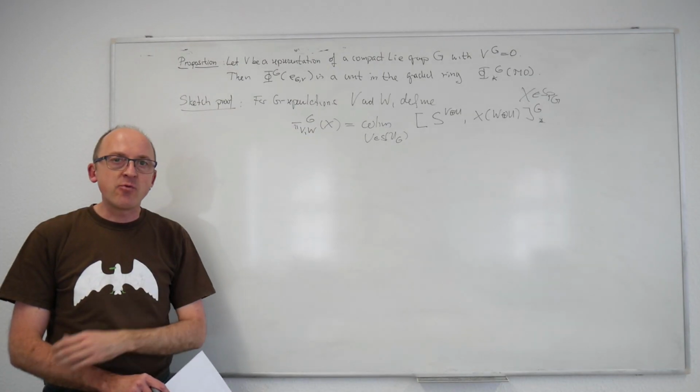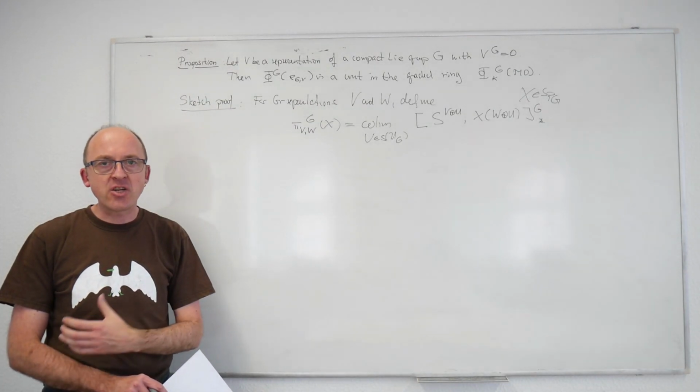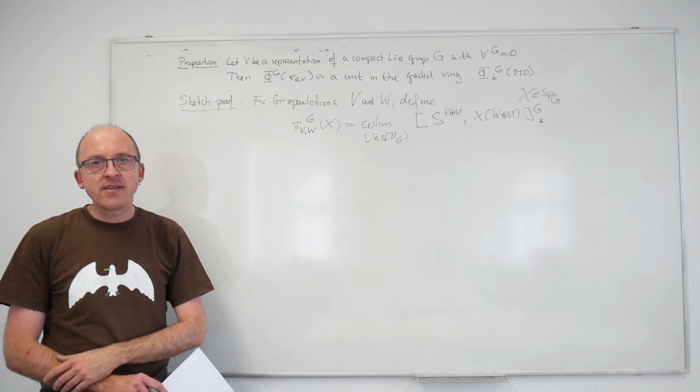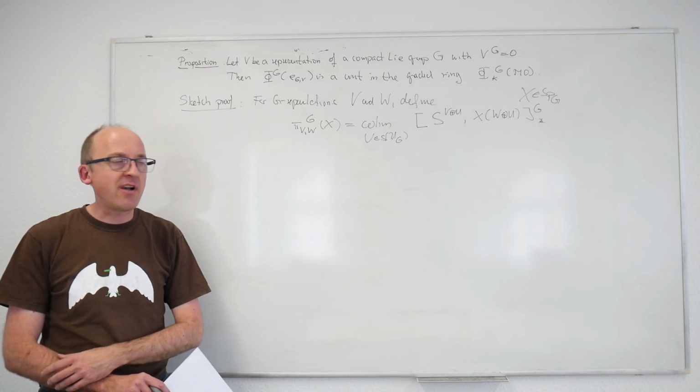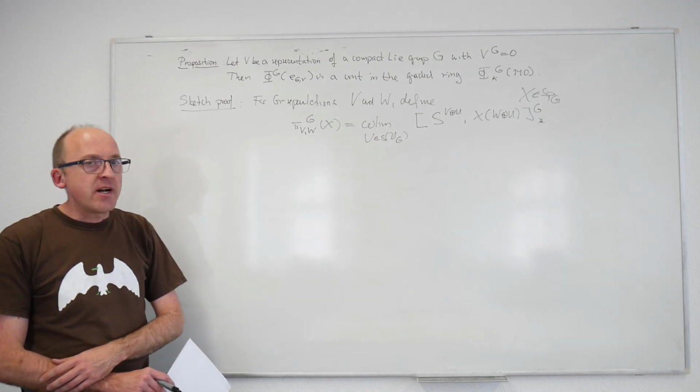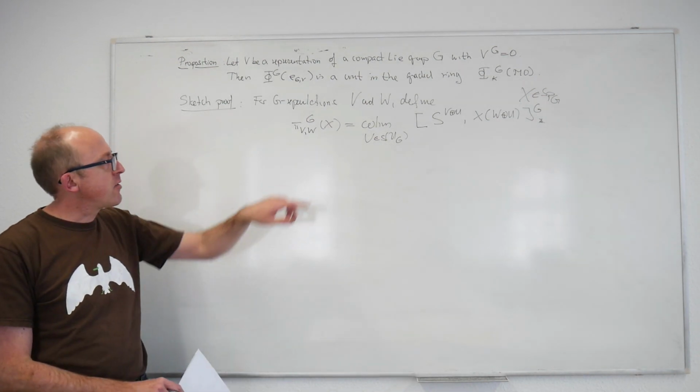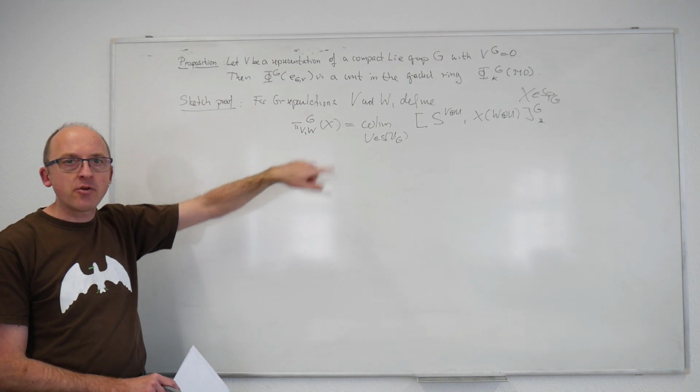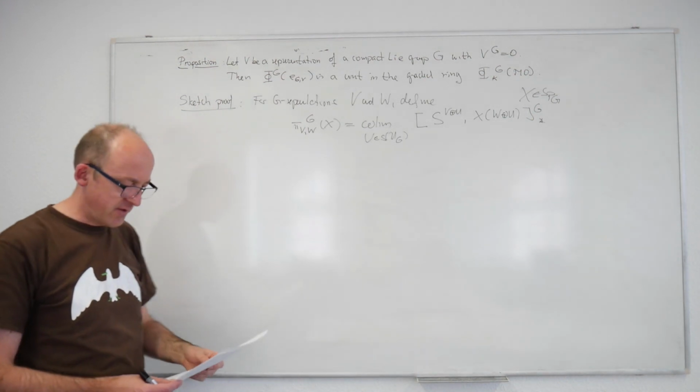But there are some well-known pitfalls in this. When you actually want to grade by classes in the real representation ring, it's possible, but you have to be very careful. I am circumnavigating these pitfalls by actually indexing by the pair and not by the class of the virtual difference.